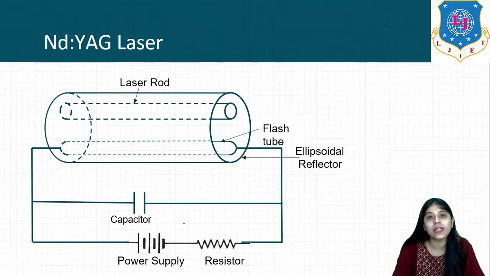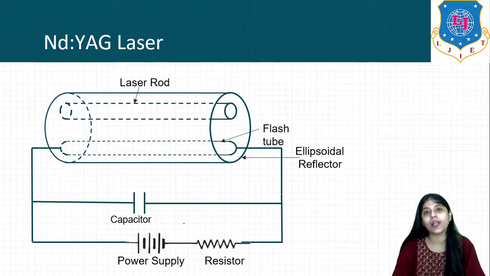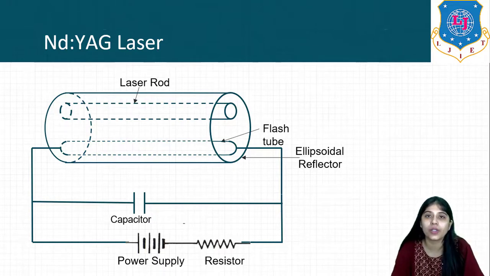They are placed in an ellipsoidal resonator cavity. The laser rod is placed on one focal axis of the ellipsoidal cavity, and the flash tube is placed on the other focal axis, so that the entire flash of radiation goes into the rod directly.